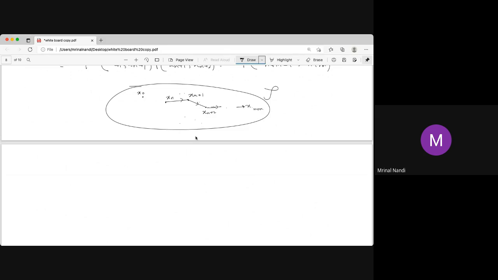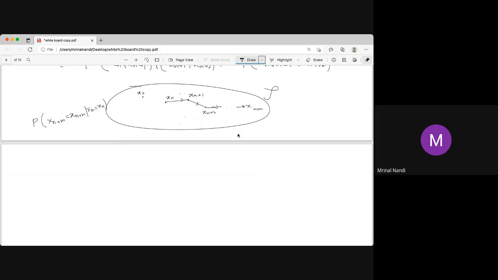Now, if we omit this and try to find X_{n+m} equals x_{n+m} given X_n equals x_n, the previous is not needed; given the previous is the same as just X_n equals x_n.